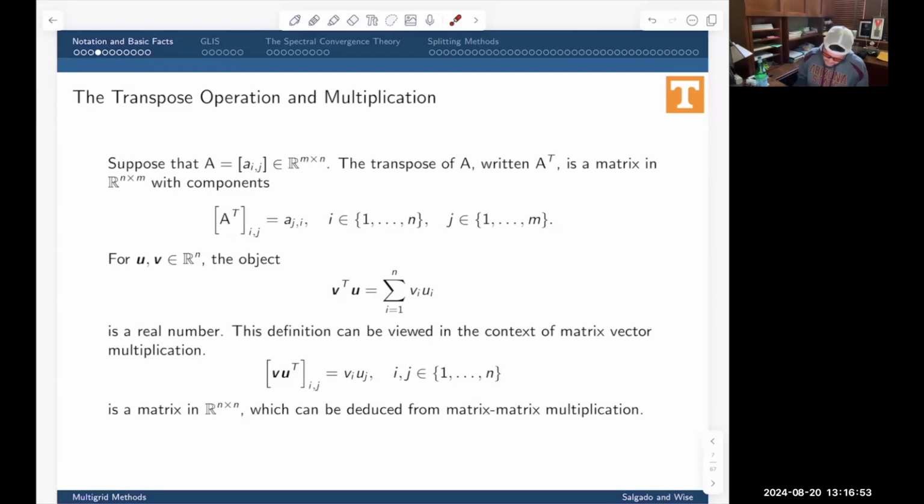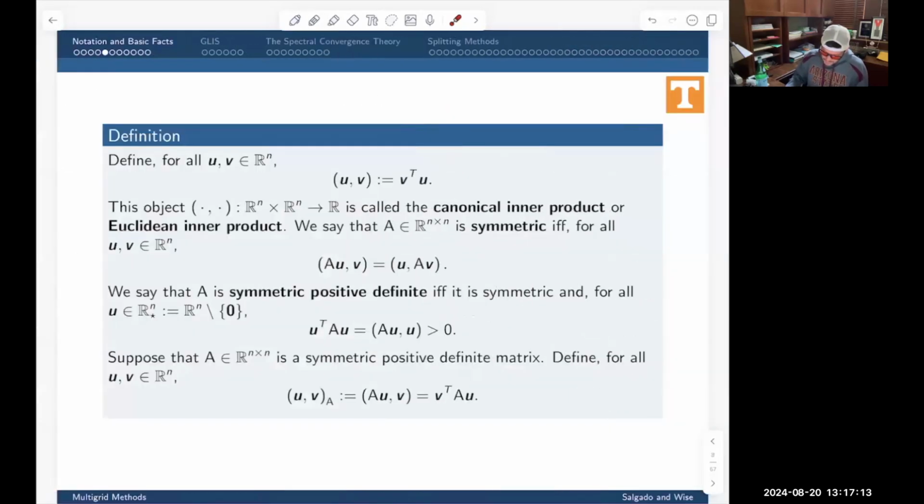And then for this object here, if v and u are elements from R^n, then v u transpose has to be a matrix. And actually it's a matrix that's n by n, and it has the ij element v_i u_j. Okay, all elementary stuff, just showcasing the notation that I want to use.